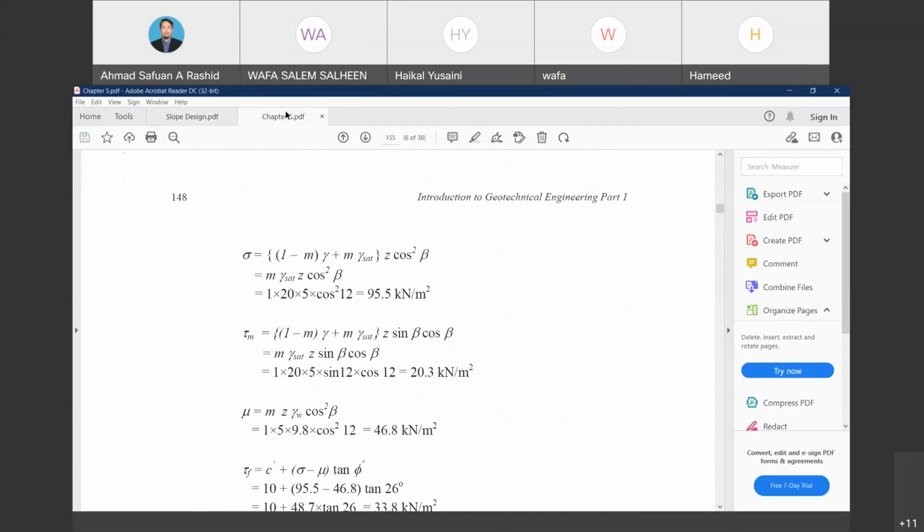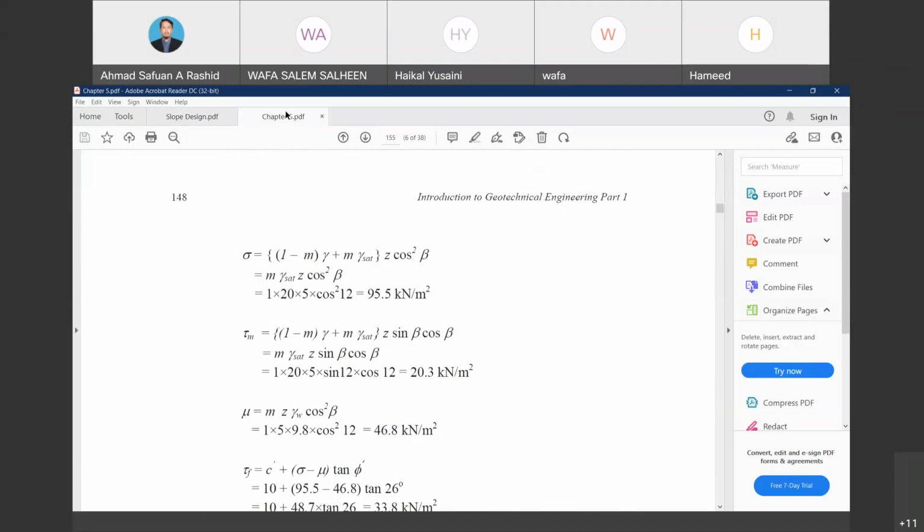Sigma is equal to 1 minus 0.67 times 17, plus 0.67 times 19.